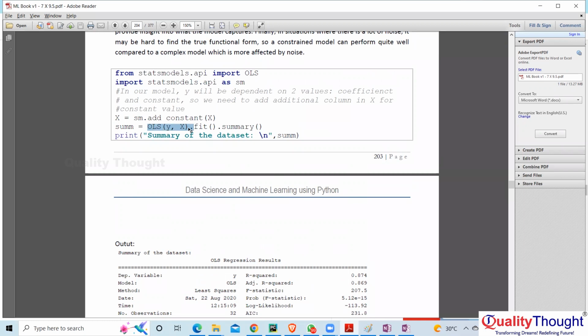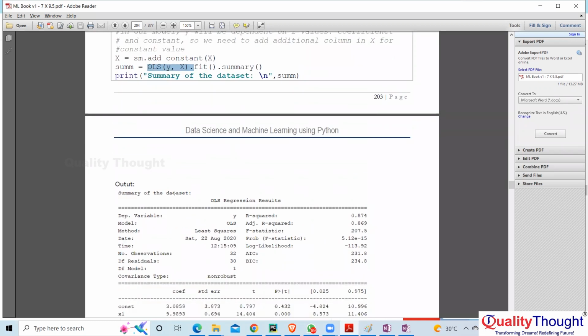Whether you use x train and y train, or x test and y test, you say OLS of y comma x, fit, summary, and it will give you all these statistics. These statistics are important, and we need to spend time to understand each of them. This is the statistics behind your machine learning.